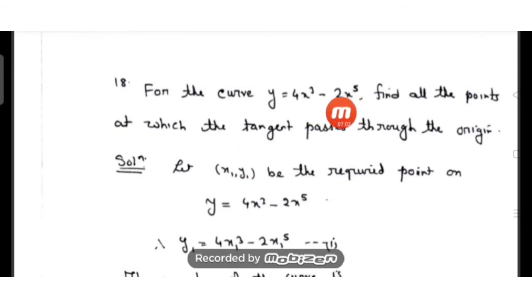If the point lies on the curve, then obviously the point will satisfy the curve. It means we can substitute x as x1 and y as y1. So I have substituted and we got y1 is equal to 4x1 cube minus 2x1 to the power 5, and I just mark it as number 1. That means in this case your curve is converted to this form.